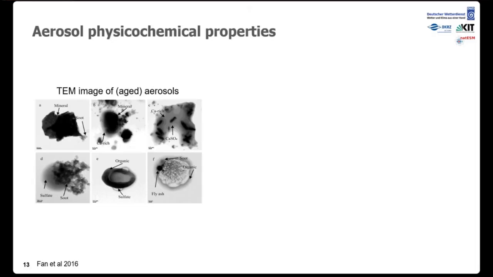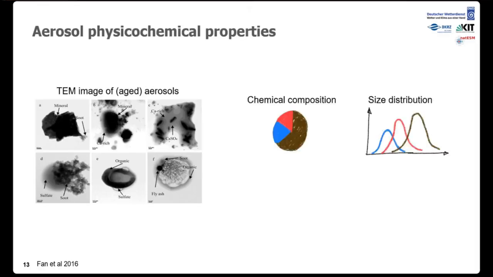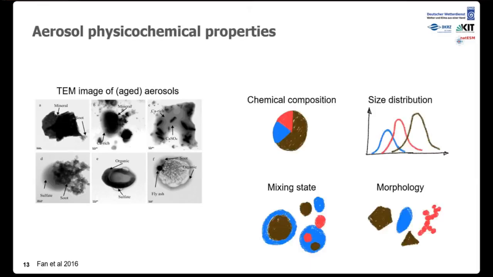So if I want to break this down into modes of variability, I can tell you that we are dealing with chemical composition, size distribution, mixing state, and morphology. And this makes aerosol modeling fun. I don't want to say complicated, but fun.